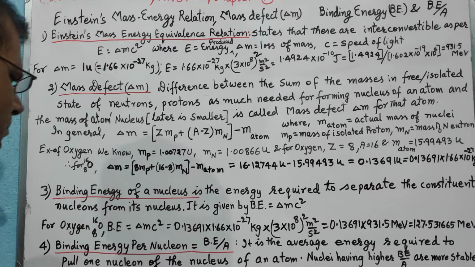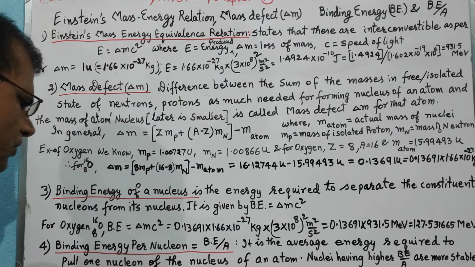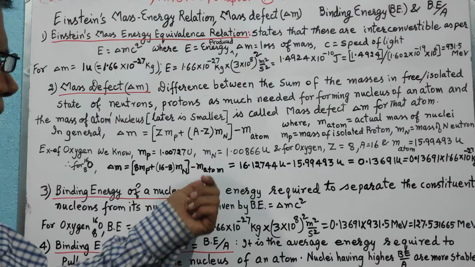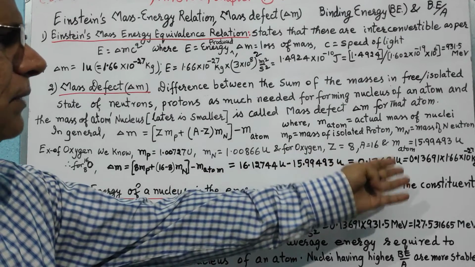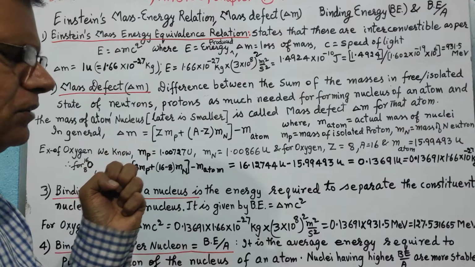Now we talk about the binding energy of a nucleus. It is the energy required to separate the constituent nucleons from the nucleus. You have seen that in the mass defect, some mass is lost in the process of formation of the nucleus.